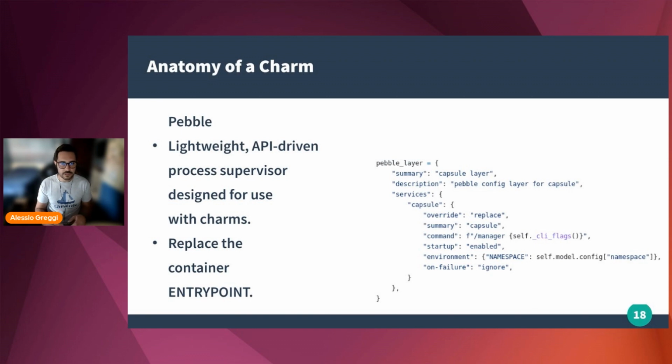So for the internals, the last subject that I want to talk about is Pebble. Pebble is a lightweight API-driven process supervisor that is designed specifically for the charms, and its main function is to replace the container entry point.